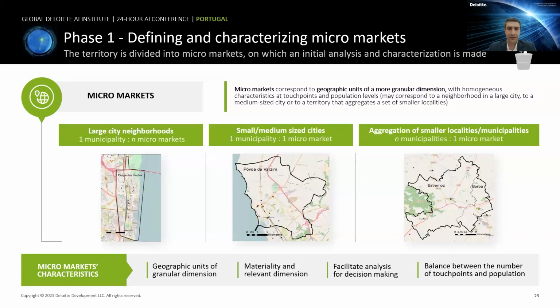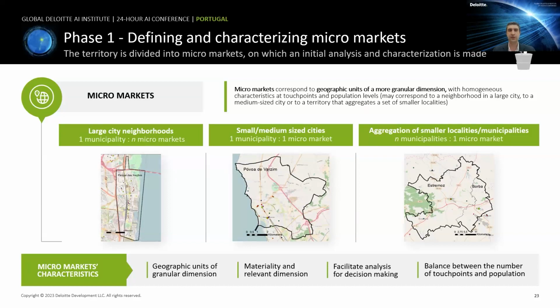Regarding the micro markets, a point that's important here, and not as much from the analytical perspective, because as I was saying, we always work at the coordinate level and at the individual level, but there's always that point where we have to sit with the marketing teams from the companies and we have to make decisions.